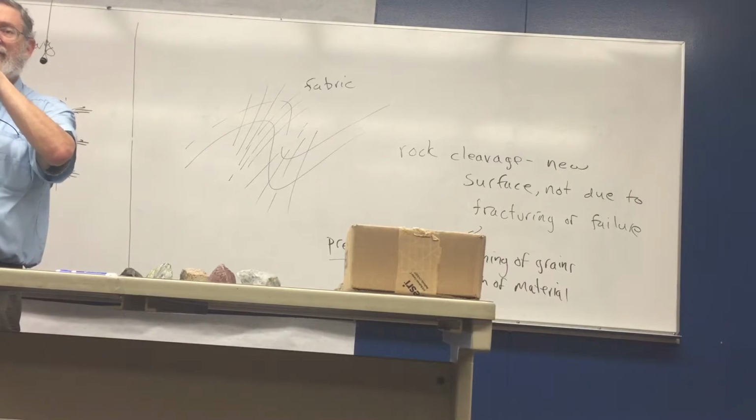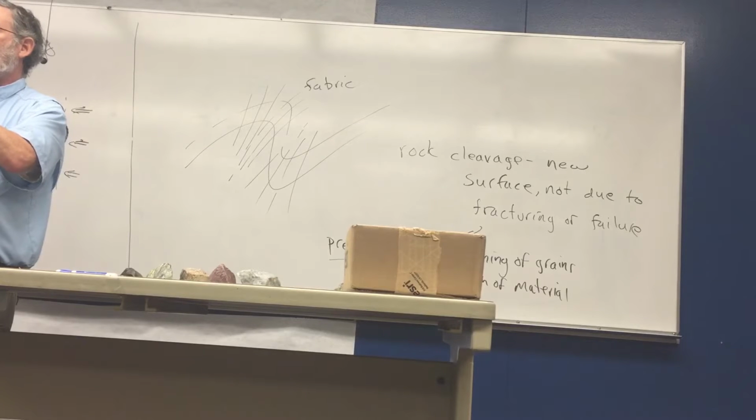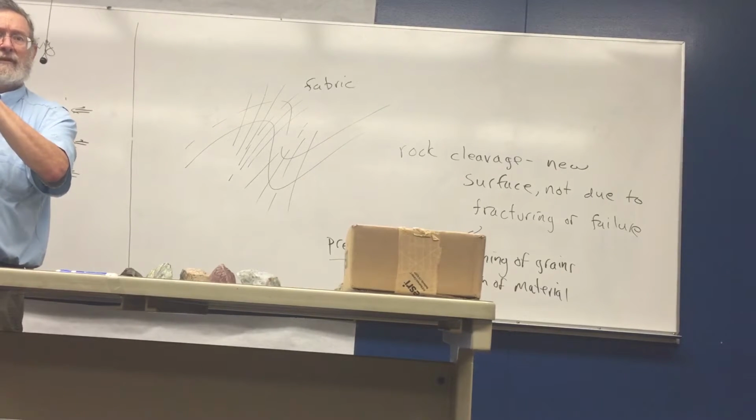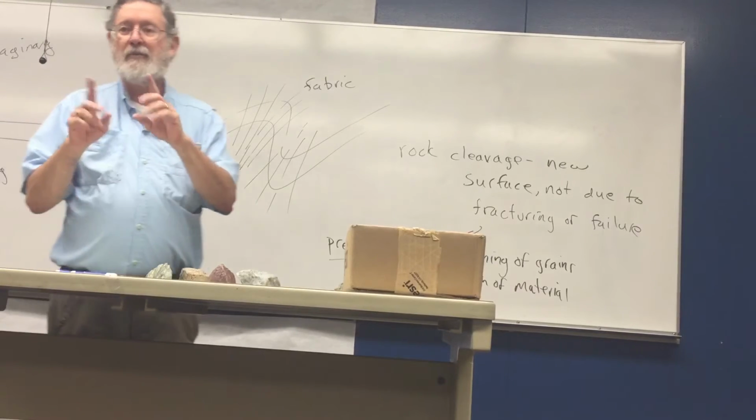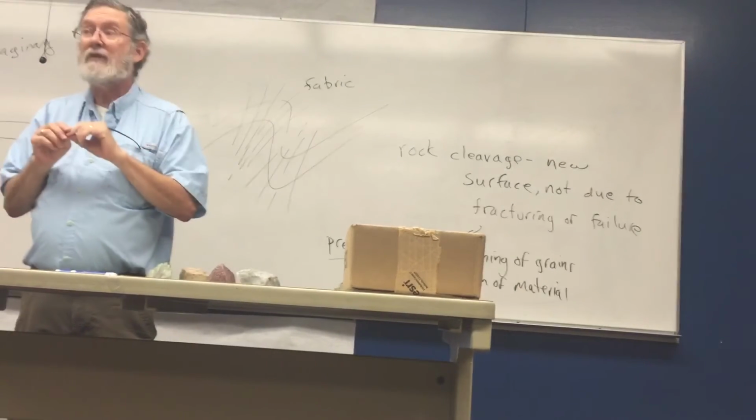This is layering, but you have a very strong fabric here that is vertical. This is an incipient slaty cleavage in this particular case. This one is a crenulated, again, not quite perfect slate, but a crenulation slaty cleavage at a slightly higher pressure and temperature than the first two samples.